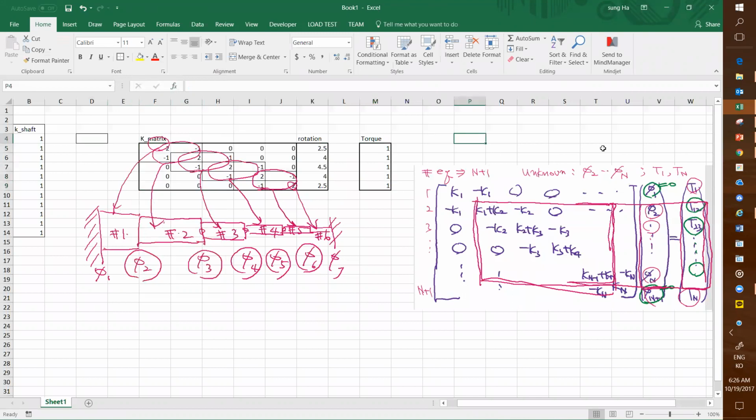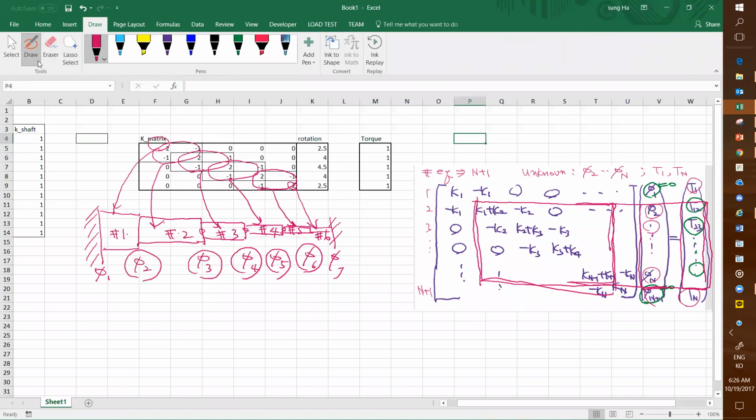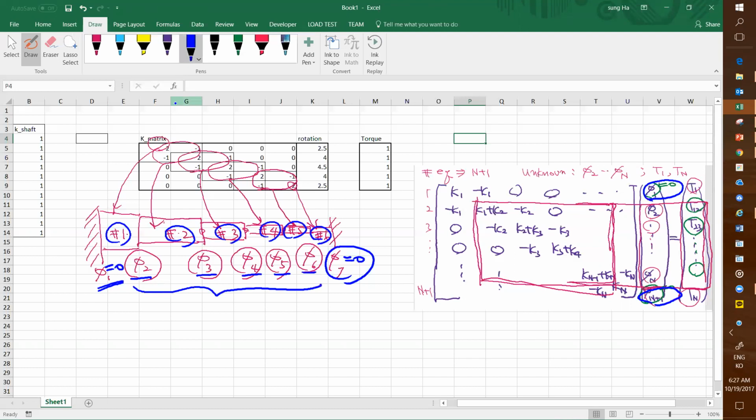Since this P1 on the left-hand side is given, equal to 0, and the last one is also given, basically we consider 1, 2, 3, 4, 5, 6, and the unknowns are P2, 3, 4, 5, 6. So this is the 5 unknowns.